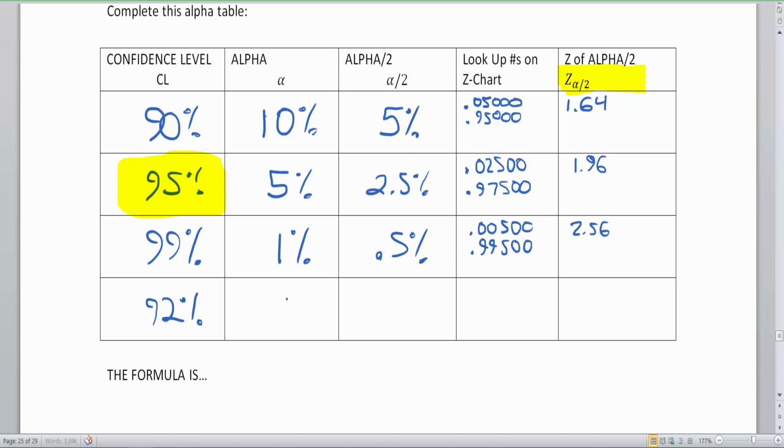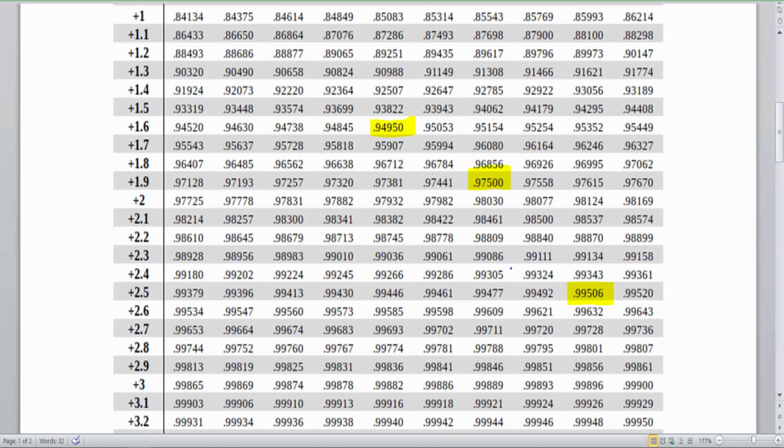Okay, so hopefully you've tried that. This would be 8%, this would be 4%, and this would be 0.04000. Take the complement of that, so the complement of this is going to be 0.96. And now I'm going to look up 0.96 on the chart. So 0.96. And it looks like I'm 80 away right here. Okay, now this is better, isn't it?